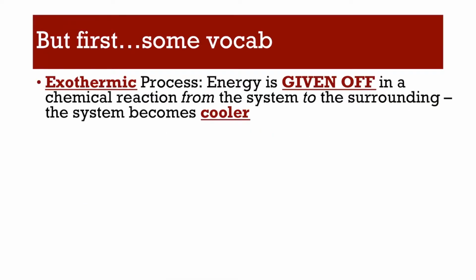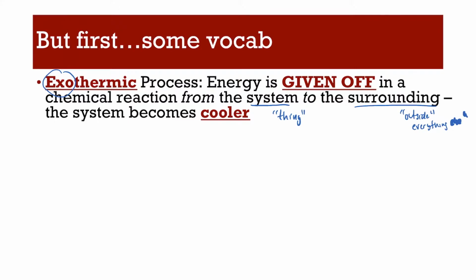So before we again jump into the equation, there's a few vocab words we need to discuss. So first is exothermic. And so exothermic means energy is being given off in a reaction from the system. So the system is a fancy way of saying the thing we're looking at, to the surroundings, which is the outside or everything else. It's a better way of putting it.